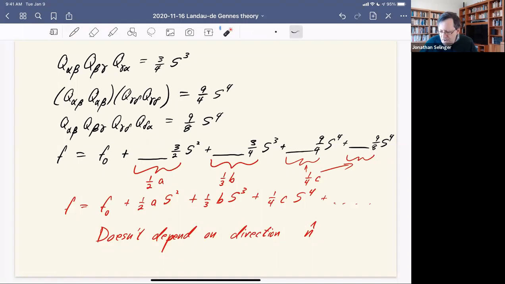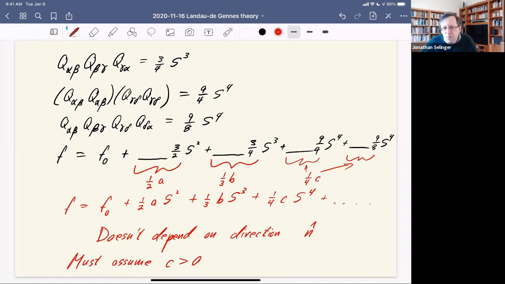Well, one thing that's clear is that if we stop the expansion here at fourth order, then we must assume C is positive. What would happen if C were negative?